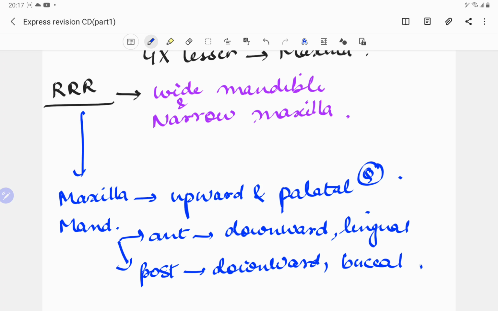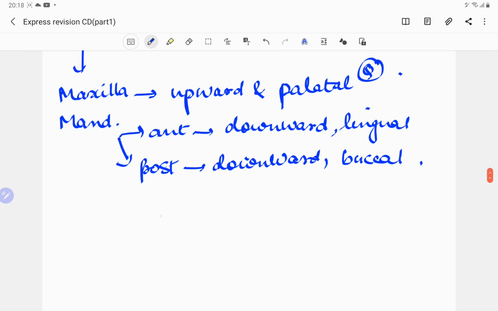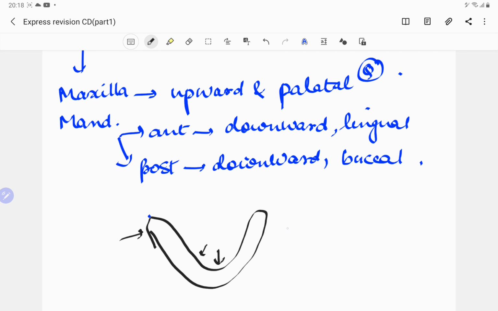So what happens, because suppose this is the mandible, alveolar process. Mandible anteriorly, resorption is from the lingual area, and mandible posteriorly is from the downward and the buccal area. So what happens?